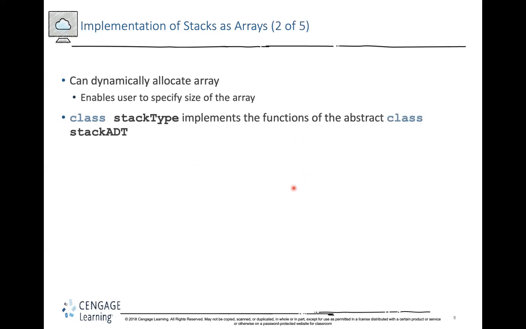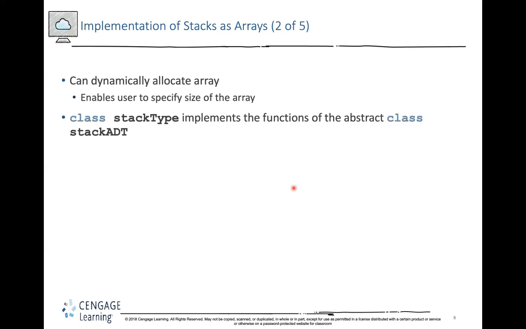Now, since we're using the array, we need to allocate the array. And when you do that, you need to specify the size of it. So with an array, your stack has a fixed size.